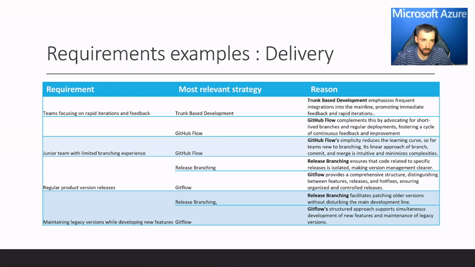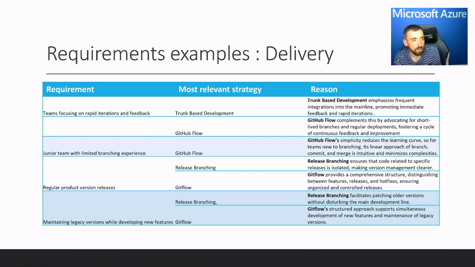Trunk-based development emphasizes frequent integrations into the mainline, very supportive of rapid iterations and feedback. GitHub flow, slightly more barriers, of course, because we're using feature branches more often, but it still advocates for short-lived branches, regular deployments, and a cycle of continuous feedback and improvement.